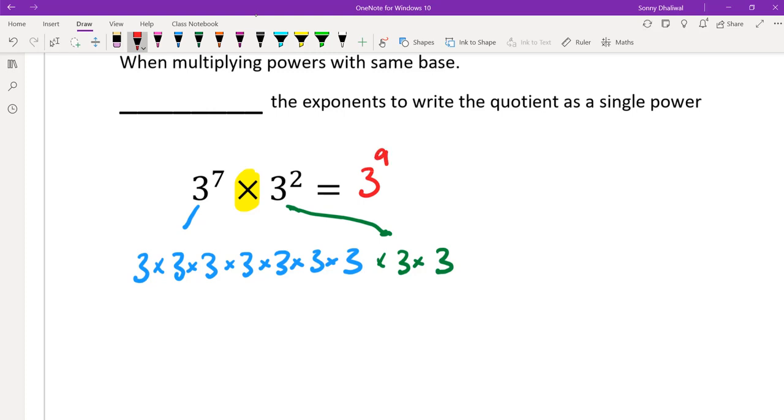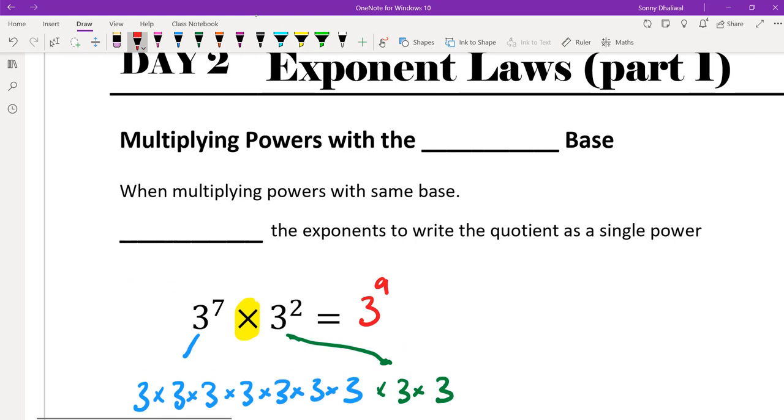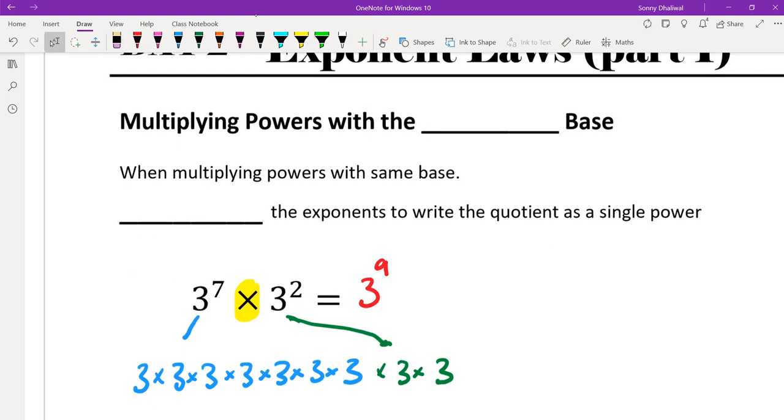Can you see another way to get the 9 other than having to write this out in a big, huge multiplication? Yes, Caden? Just add the exponents together. So the rule is, as long as you're multiplying powers with the same base, that is the key thing.